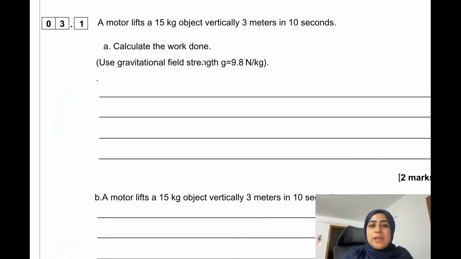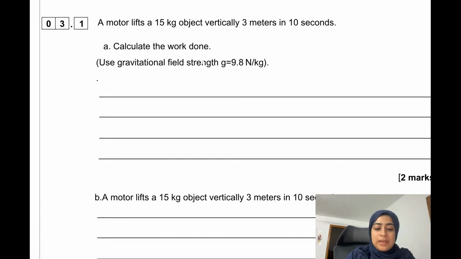So it says a motor lifts a 15 kg object vertically 3 meters in 10 seconds. So calculate the work done. Okay, here we know that the gravitational field strength is 9.8.